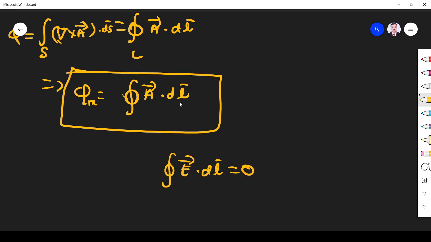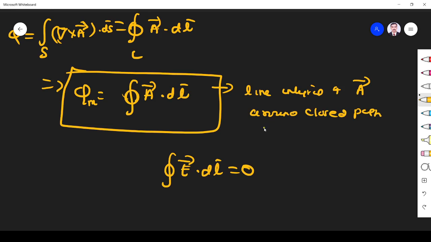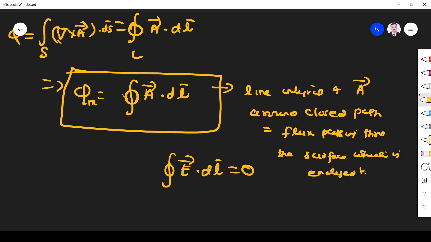This states that the line integral of vector magnetic potential A around any closed path, this is a line integral dl, is equal to phi, the flux passing through the surface which is enclosed by that path or curve.